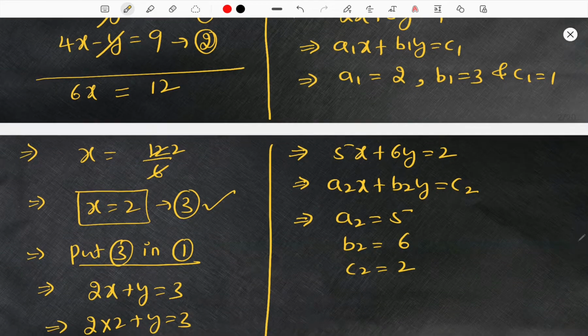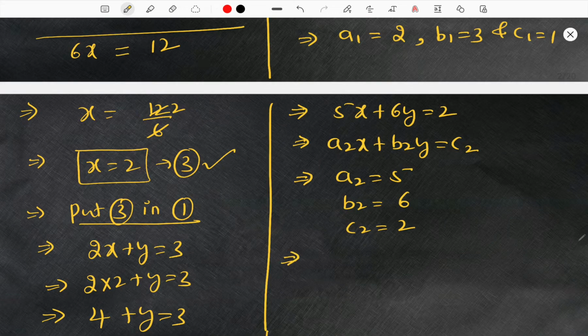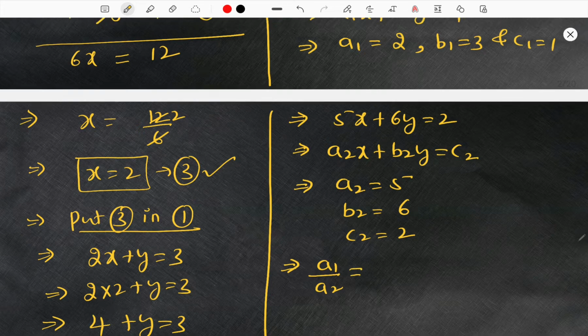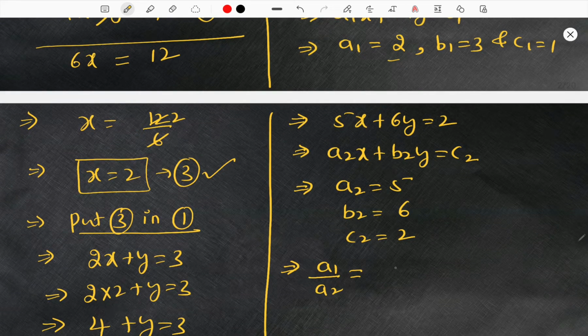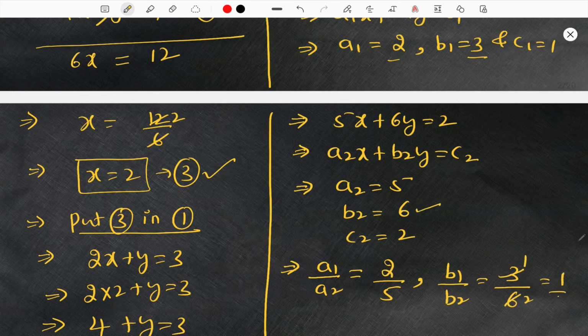These are the values. Then we have a1 by a2. a1 is 2, so 2 divided by 5. What is the value of b1 by b2? b1 is 3 and b2 is 6, so 3 by 6. 3 ones are 3, 3 twos are 6, that is equal to 1 by 2.